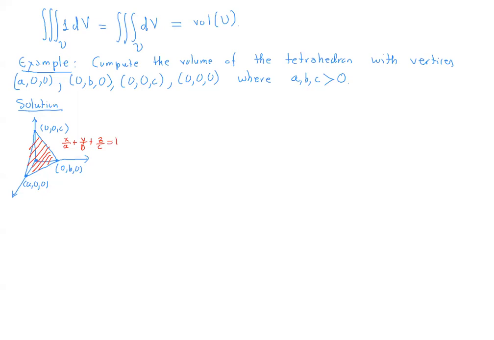Obviously we will need this equation in order to express our domain in the way that we saw before, so that we can write our triple integral. So this is all the x, y, z's, and now you have an upper boundary that you can find by solving this equation for z. So this will be c times 1 minus x over a minus y over b. And so z will be between 0 and c times 1 minus x over a minus y over b.